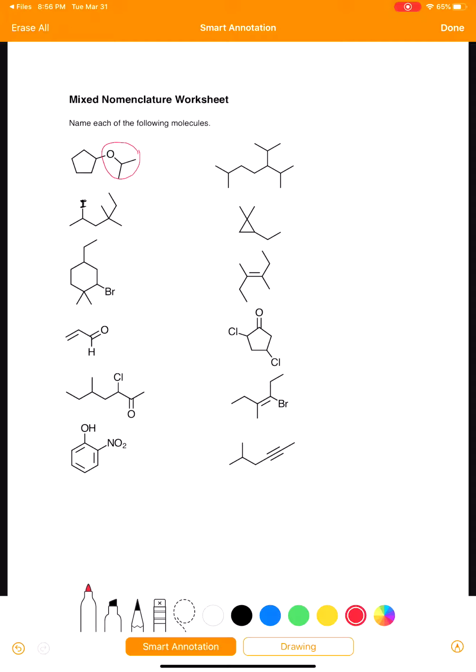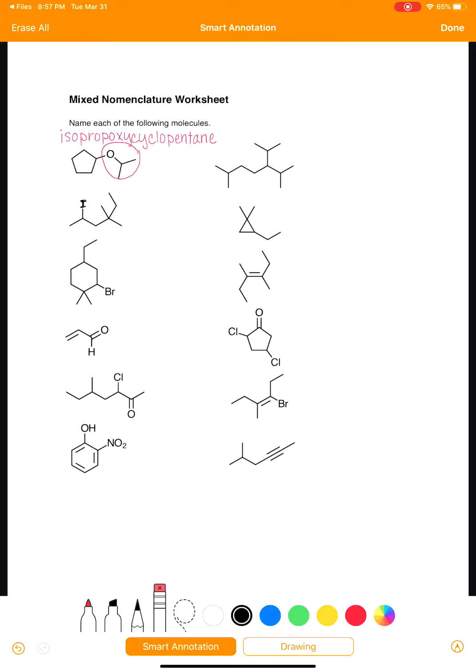So this would be isopropoxy cyclopentane. Don't let the isopropoxy thing kind of freak you out.